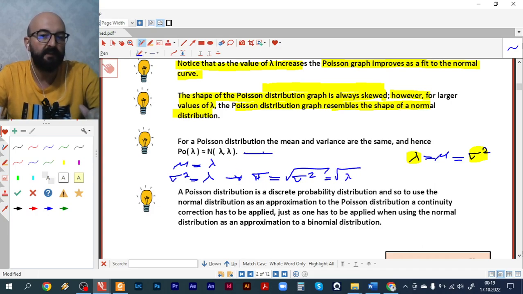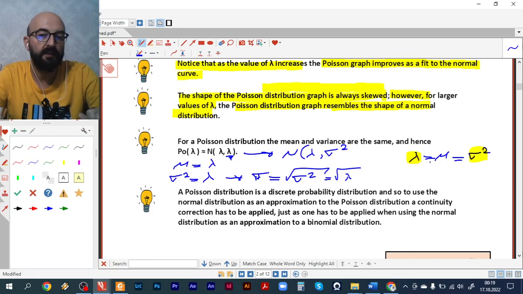In the normal distribution, the first value is nu, the other way lambda, and the second value is variance, sigma square.